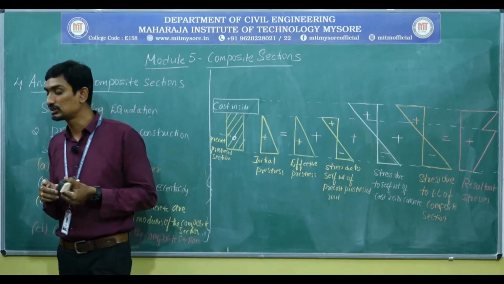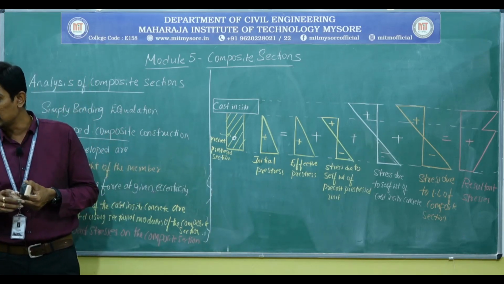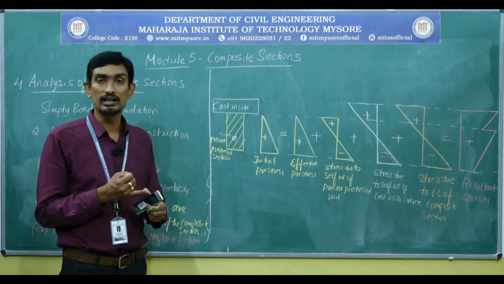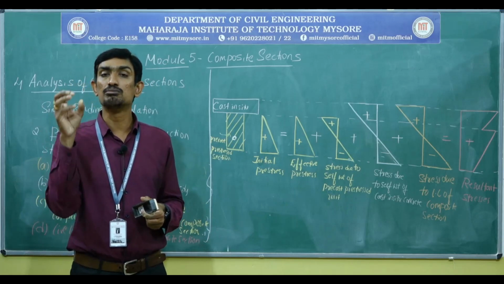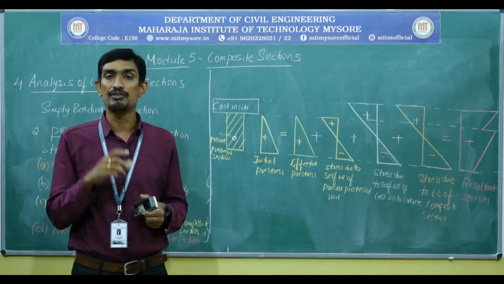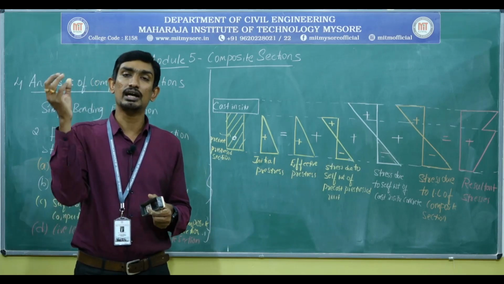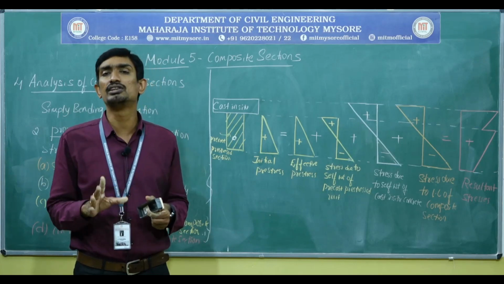The live load stresses will be calculated for the composite section by considering the modular ratio. We need to multiply this modular ratio to the area of the composite, the moment of inertia of the composite, and then the centroid, sectional modulus, everything.